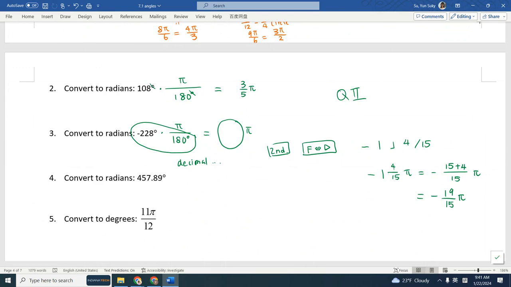Okay, do you all get the answer? What is your answer? So you multiply by pi and then over 180 degrees, and that is 7.992. How about 4 decimal places?